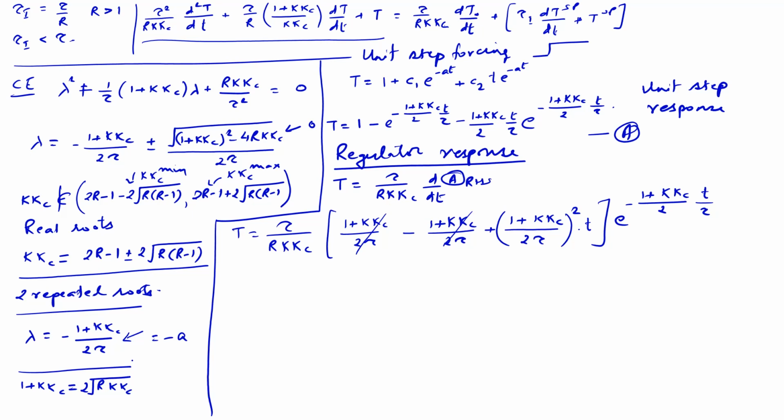So what we get is T regulator is equal to tau by r kkc, and 1 plus kkc whole square is actually 4 r kkc divided by 4 tau square times t e to the power minus 1 plus kkc divided by 2 times t by tau, and this cancels out, and this cancels out.